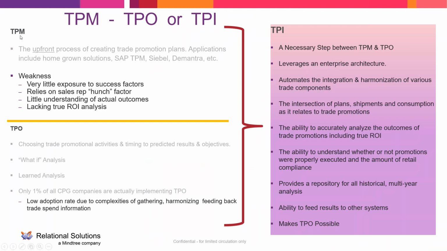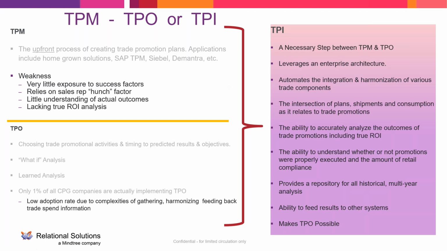Trade promotion optimization, too many companies try to go from here to here, and they skip this very important piece. We tell people you cannot get to trade promotion optimization without first doing trade promotion intelligence. In order to optimize trade, you have to understand what's happening, and you can't understand it if you're just using the TPM reports.